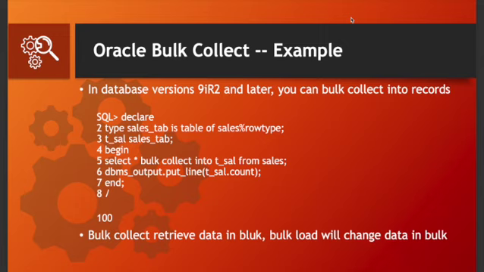It's also a simple example which is showing declare, and then you are defining the table type and then a variable, and then you are bulk collecting data into that variable you defined as a table type. Through DBMS output, here we are checking the value of the count of this table, which is showing 100. This was a very small example to show.